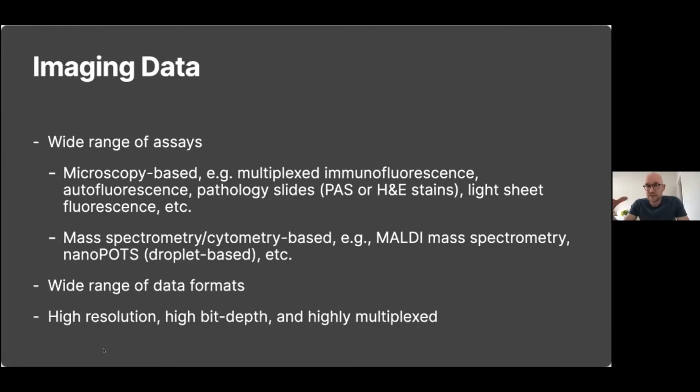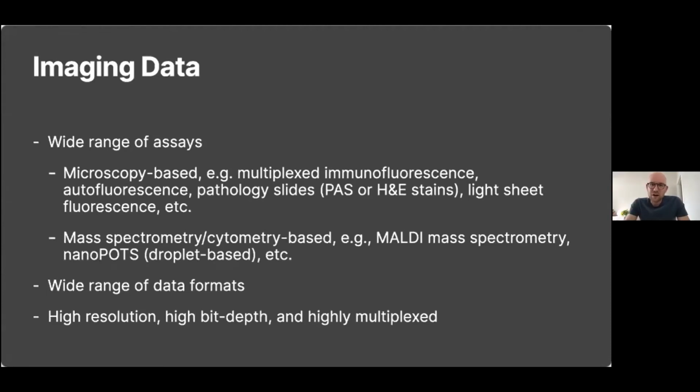In particular, when your data is very high resolution, generally tens of thousands by tens of thousands of pixels, you often have high bit depth, meaning more than 8-bit, which is RGB. So you often have 16 or 32 bits per channel, and then often dozens of channels in some of these assays.